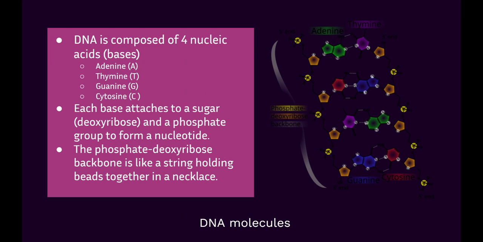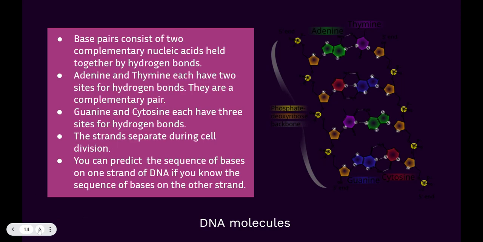Guanine and cytosine go together. It's sort of like having 2 different size Legos. They fit. Each base attaches to a sugar called deoxyribose and a phosphate, and they form like a string that holds the beads together in a necklace. You do need to know the bases. The other stuff is sort of helpful to help you understand, but you do need to understand the bases.